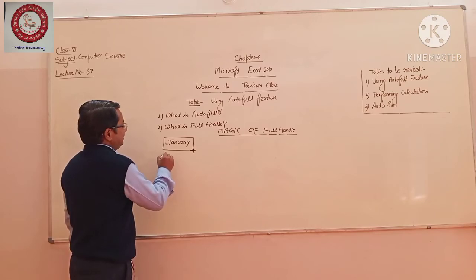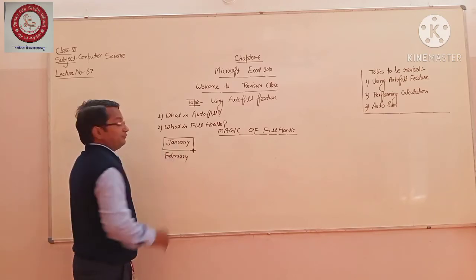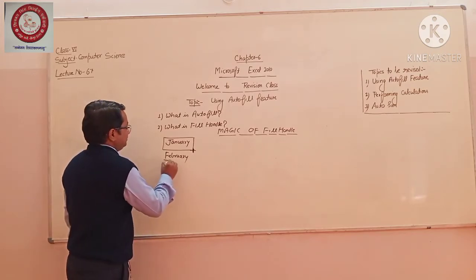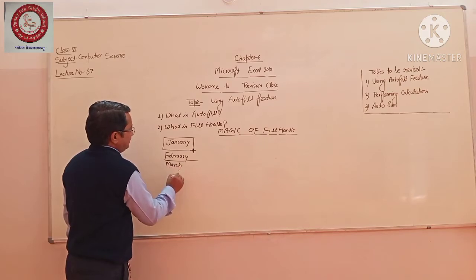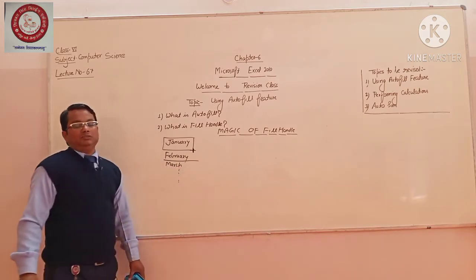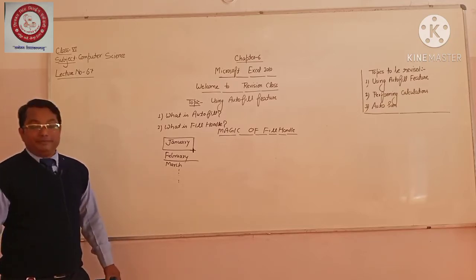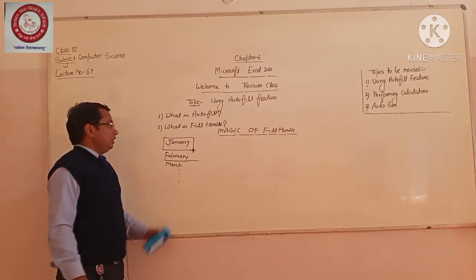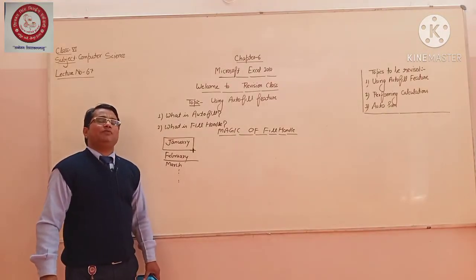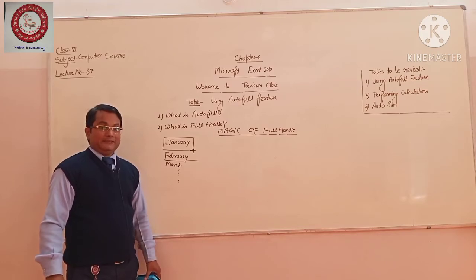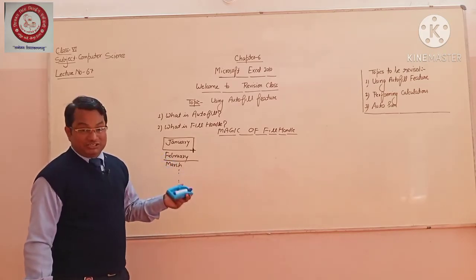Once you drag, immediately you will have February, then after that March. Like this it will proceed. So this is the magic of your fill handle. Or you can say this is the magic of autofill. Okay, now let's proceed to the next magic.